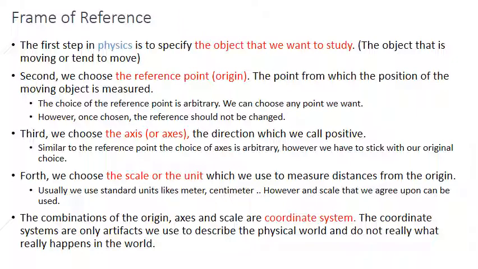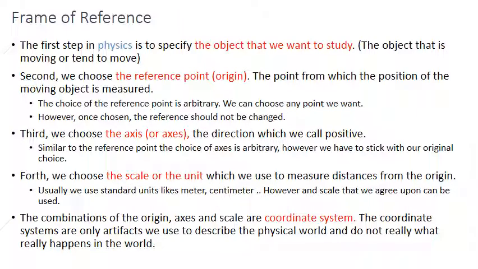The third step, in order to measure position, I need to choose directions or axes, what I call positive and what I call negative. Again, those are choices of mine. Those are arbitrary choices. However, whenever I choose my axes or origin, I have to stick with them in order to be consistent in the whole problem.